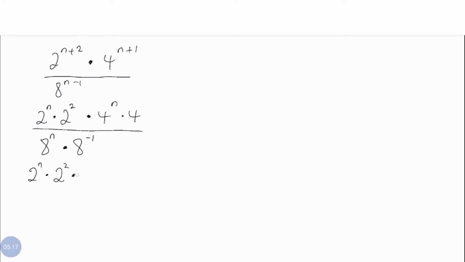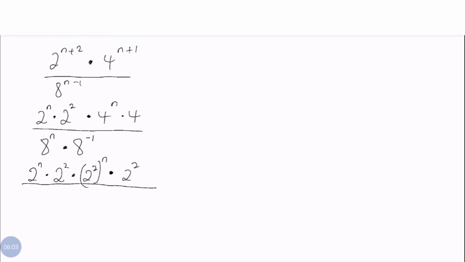So multiplied by 4 is the same as 2 to the power 2. And all this is to the power n, because this is 4 to the power n. And 2 to the power 2 is 4. So let us continue. Multiplied by 2 to the power 2, because this is 4. 2 to the power 2 is equal to 4. And all this is over.